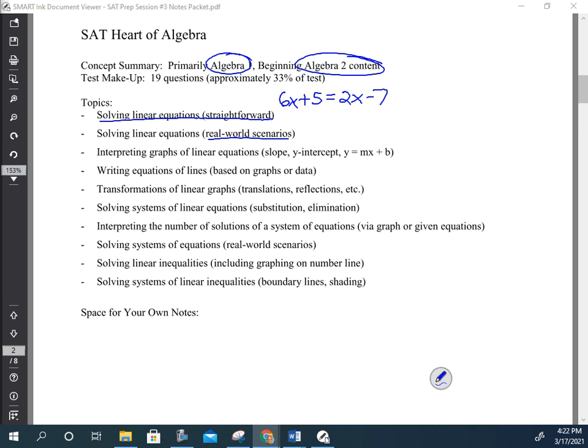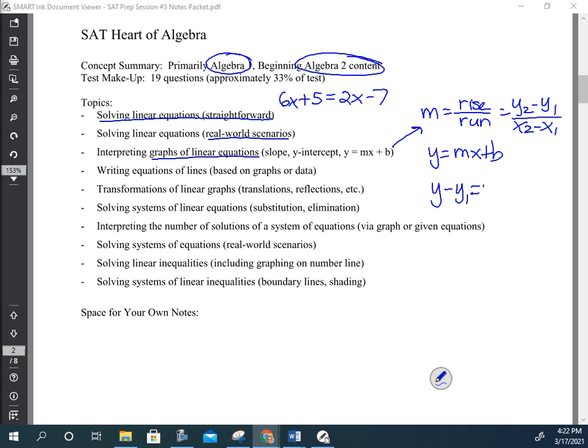Solving with real world situations. Graphs of linear equations. So remember slope, you have rise over run, and y2 minus y1 over x2 minus x1. Of course, you have y equals mx plus b, and then y minus y1 equals m times (x minus x1).